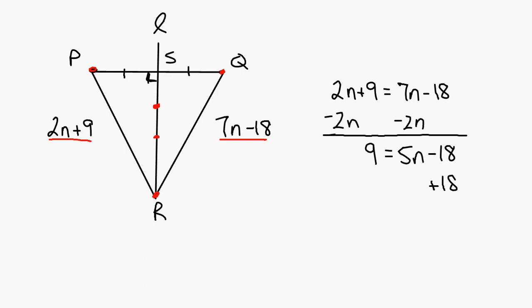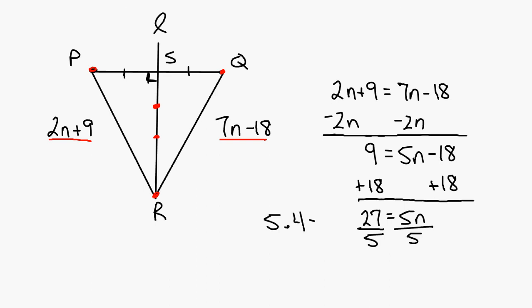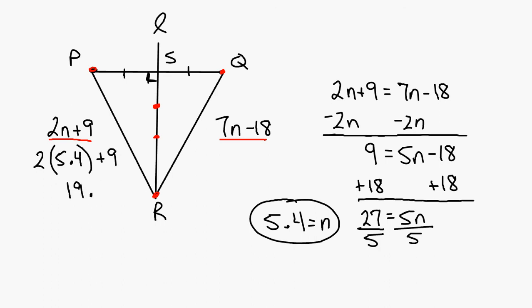You can add 18 to each side. 27 equals 5n, and then divide by 5. 5.4 is equal to n. They ask you to find P to R. So if you need P to R, you take 2 and multiply it by 5.4, and then you add 9 to it. 19.8. Any questions?